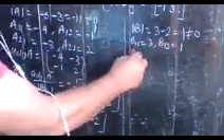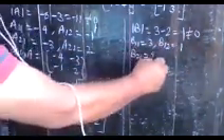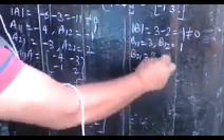Now you find the cofactors. The value of B11 is 3, B12 is equal to 1, B21 is equal to 2, and B22 is equal to 1. Okay. So adjoint of B matrix is 3, 1, 2, 1.